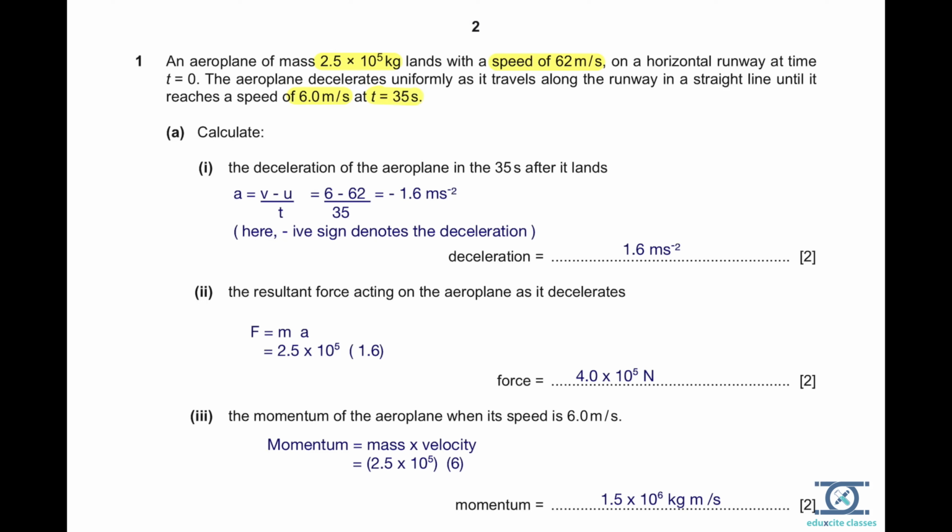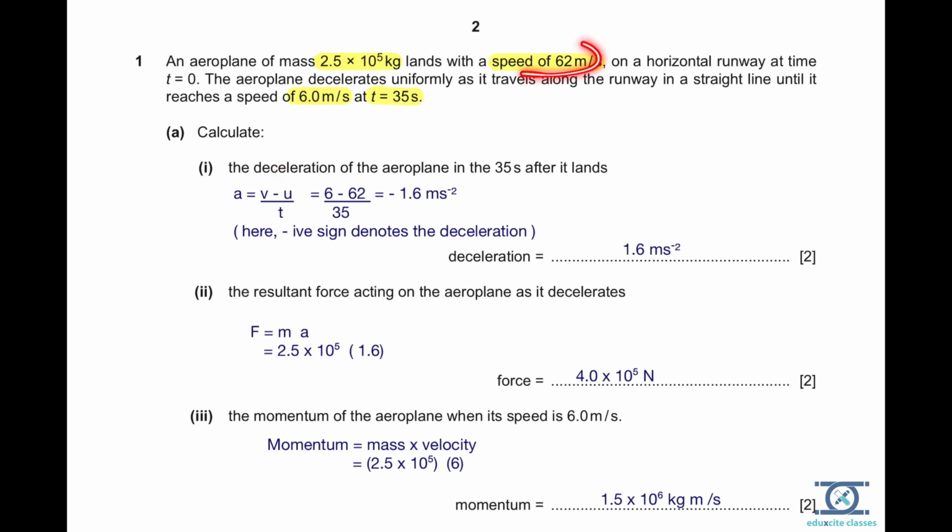Now, in part A, we have to calculate the deceleration of the aeroplane in 35 seconds after it lands. So we know the formula for the acceleration, that is the rate of change of velocity, that is final velocity minus initial velocity upon time taken. The final velocity after t equals 35 seconds is 6, so v equals 6.